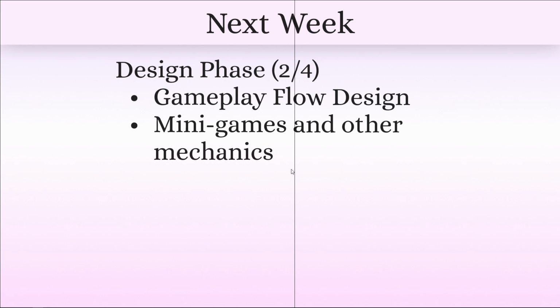So for the next week, we are going for gameplay flow design, and we are going to work on mini games and other mechanics. Not build them, but basically decide what mini games are going to be in our game and how those mini games will operate, and the same with the gameplay flow design. Because if we don't know what we're going to make, then we don't know how to proceed with it, right?